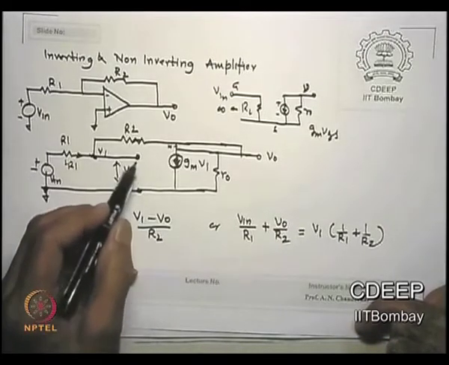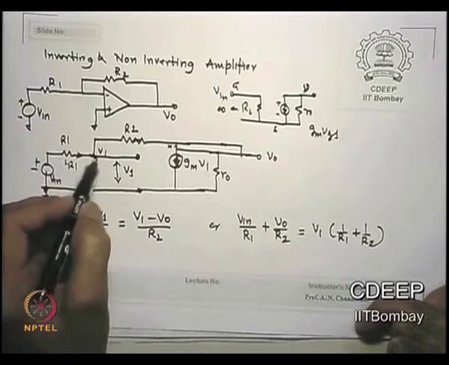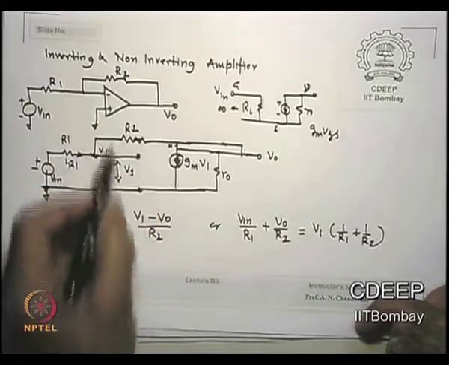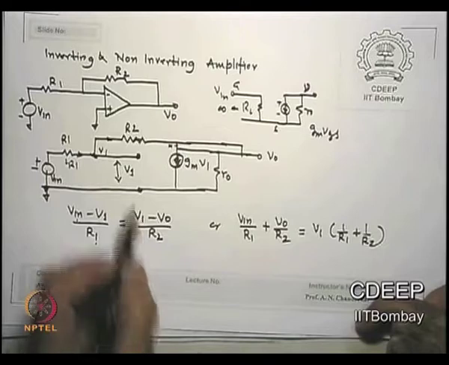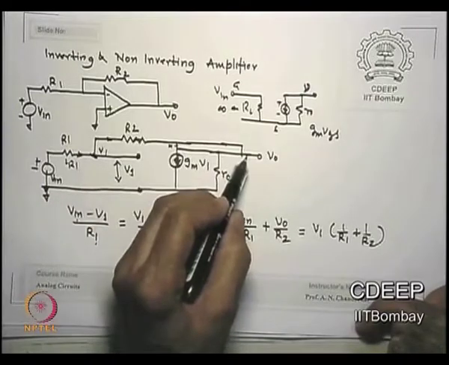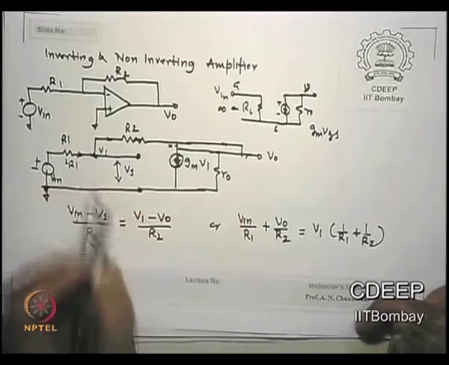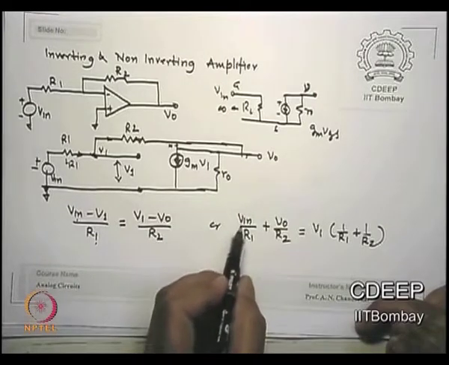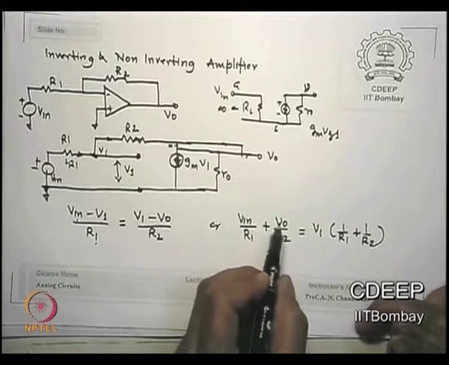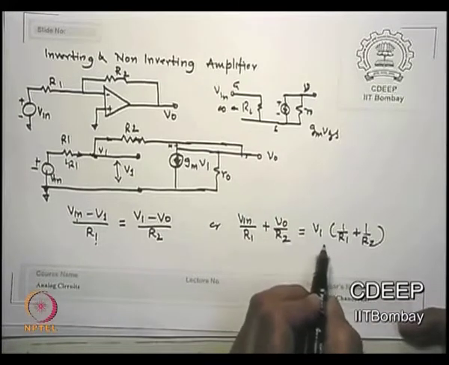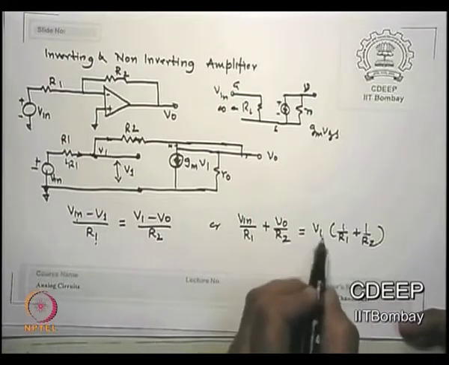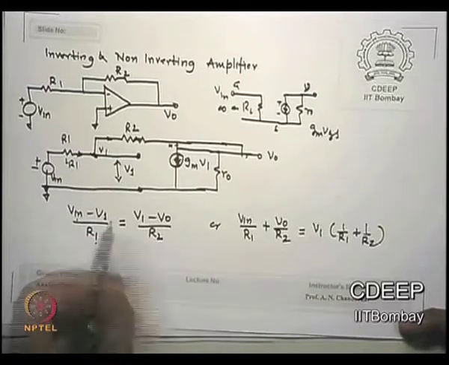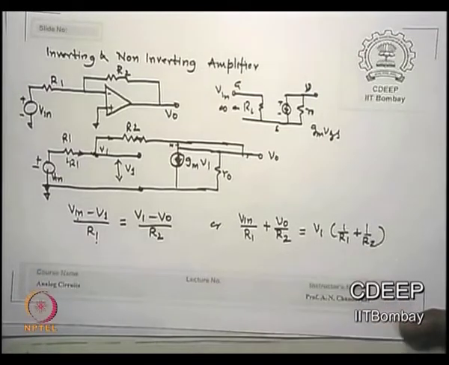There is no current here, so where can current go? Only in R2. So this current in R2 is essentially V1 minus V0 divided by R2. So Vin by R1 plus V0 by R2 is V1 into 1 upon R1 plus 1 upon R2, is that correct?